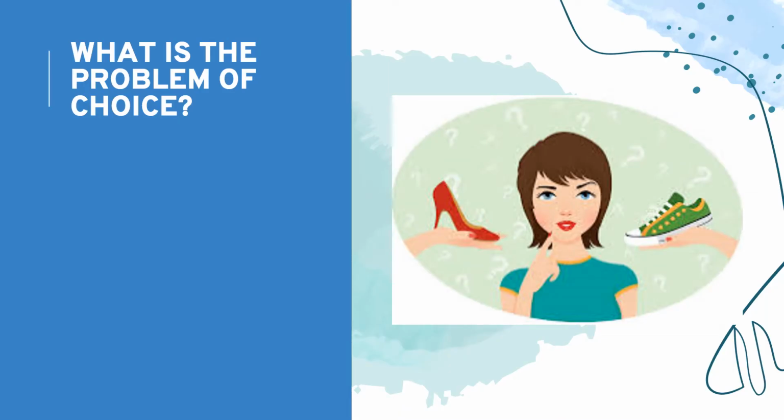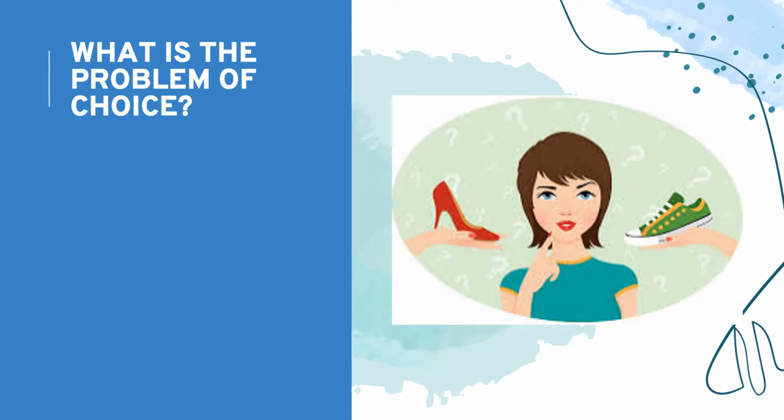It is because of scarcity that we need to make a choice. We see the girl in the picture, she's gone out shopping. And like all of us girls, ladies who like shopping, she's out there. And she needs to make a choice between a pair of heeled shoes and a pair of sneakers. Well, why is she making a choice?